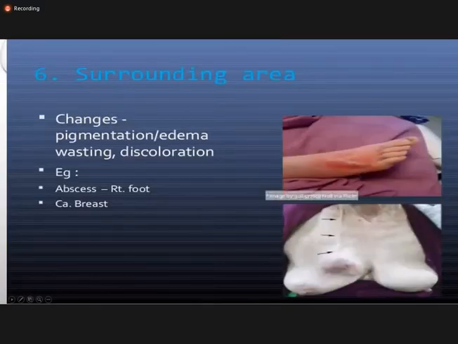The surrounding skin is erythematous. And what is this? These are the prominent veins in the surrounding area of this lesion. This is a malignant lesion with the prominent veins and wasting in this area.